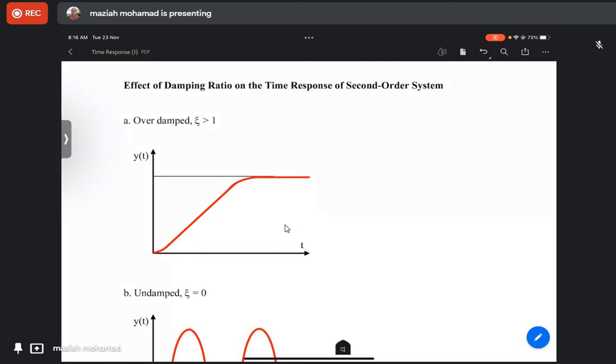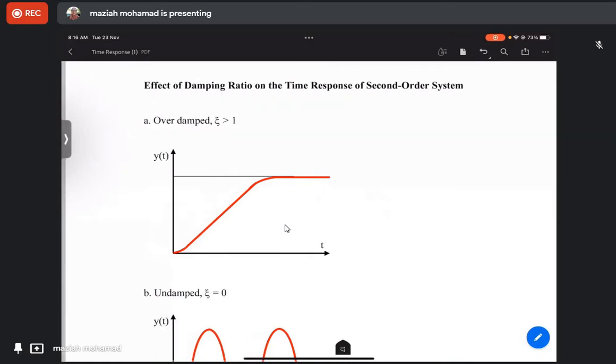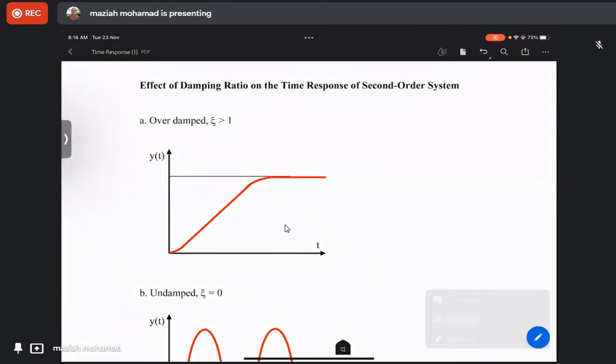Meaning there is higher energy to oppose the movement of the system. So if you choose zeta higher than 1, you can expect the behavior of the system to be like the diagram here.